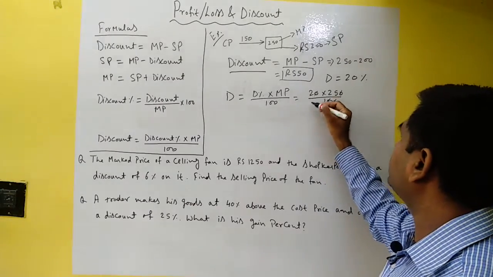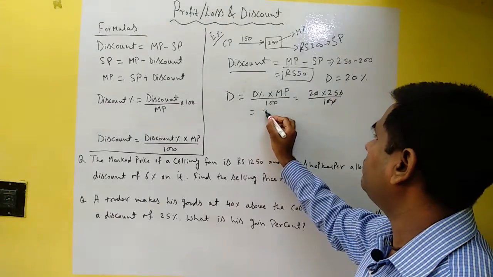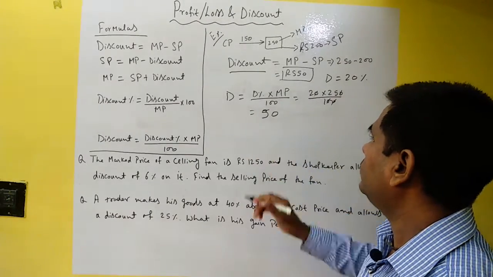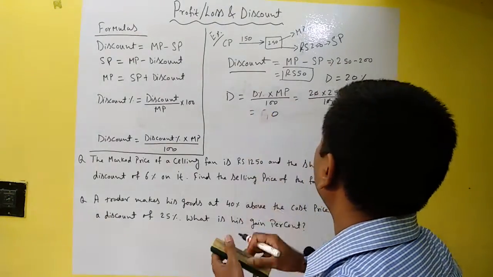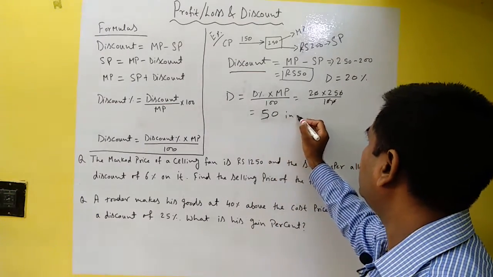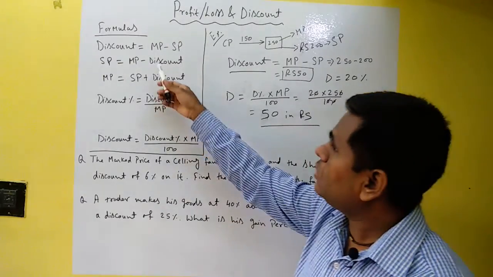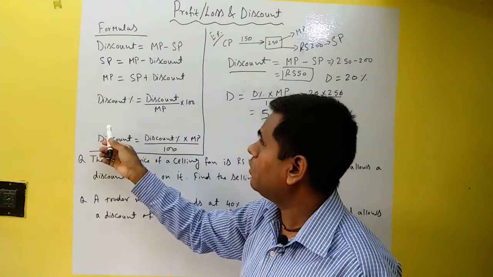These zeros will get cancelled, and 25 into 2 is 50. So this is 50 rupees, the discount. Now we have learned all the 5 formulas.